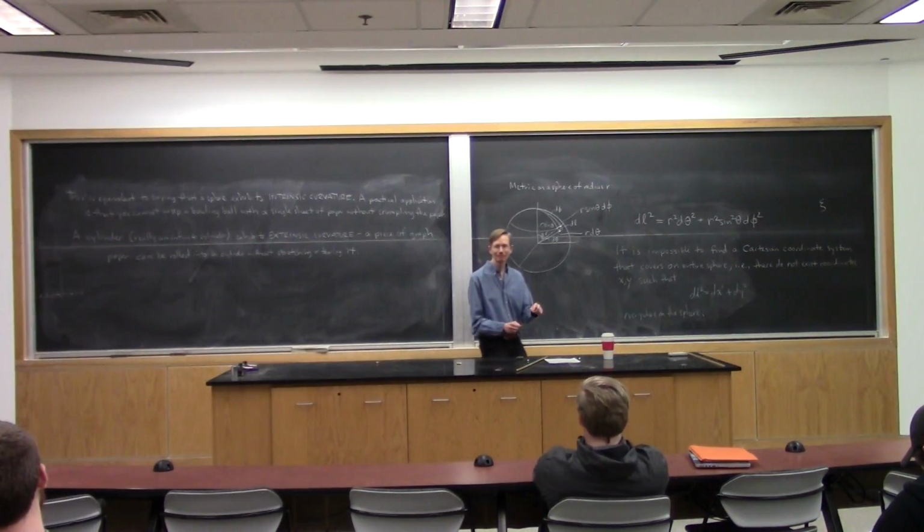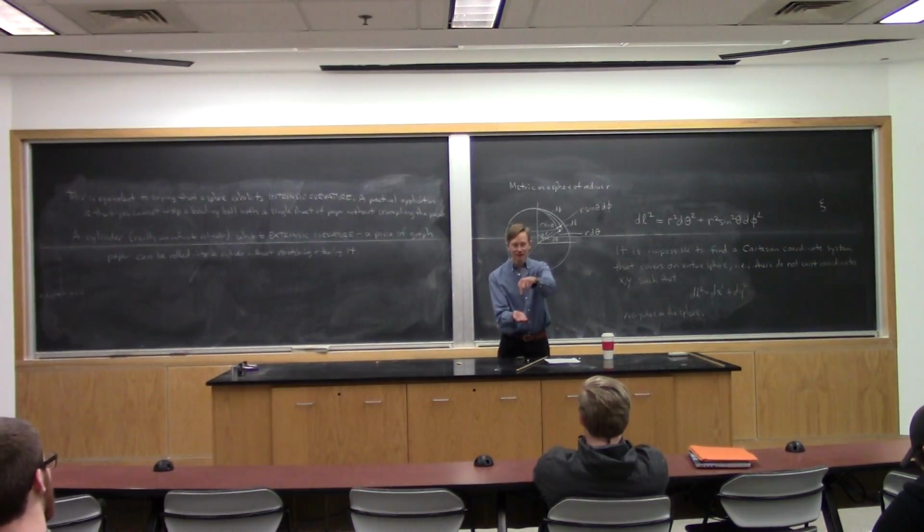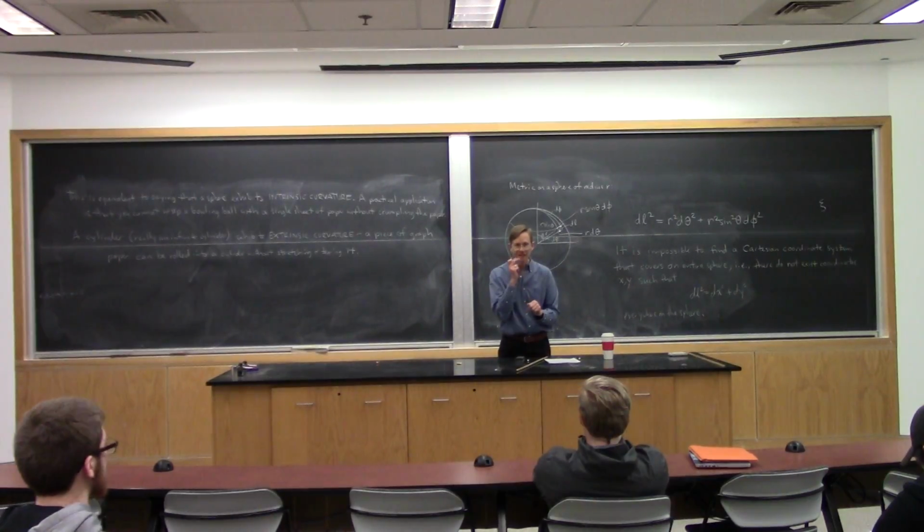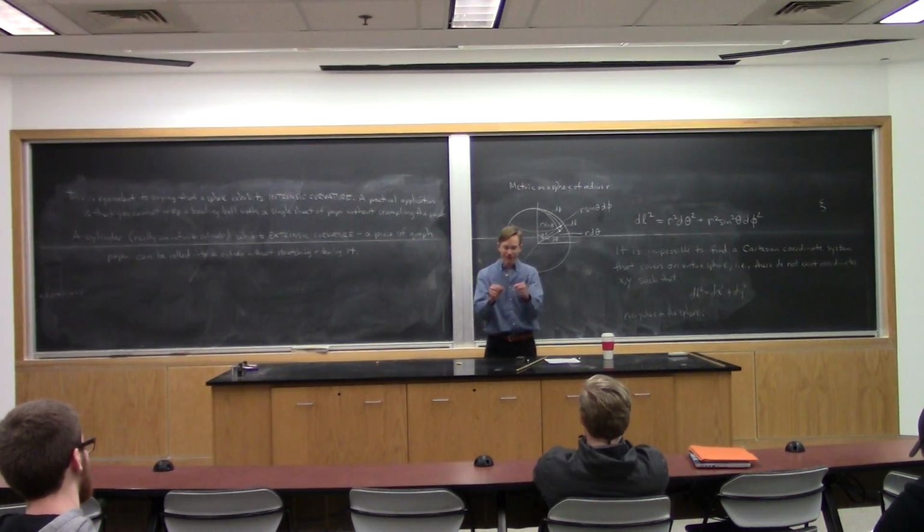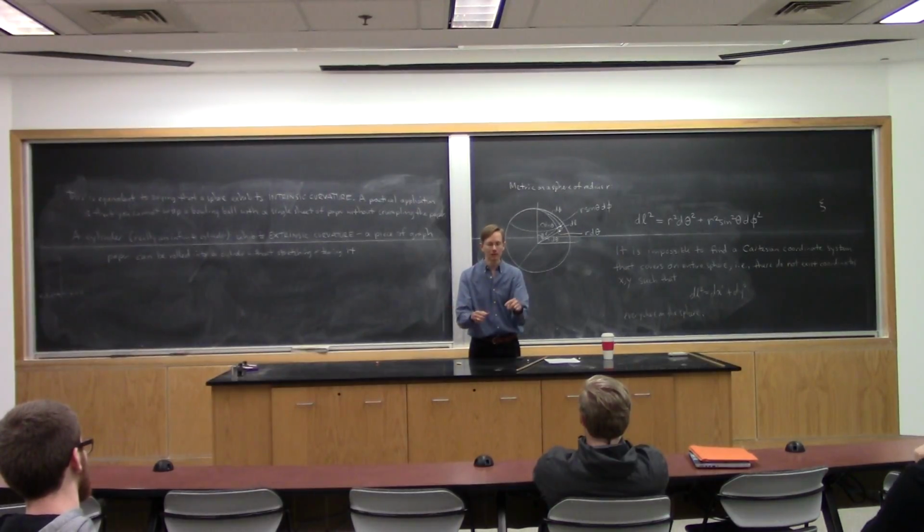Okay, anyway, I can tear a little piece off and I can stick it on the surface. And if you think about it, if I stick that little square on the surface of the bowling ball, that little square could have a little grid on it, part of the Cartesian coordinate system. And so in that little region of the sphere where I glued that little piece of paper, I've got what we call a local Cartesian coordinate system.